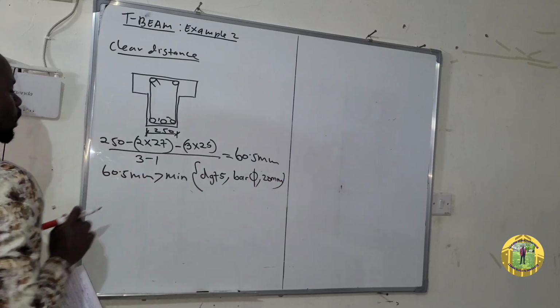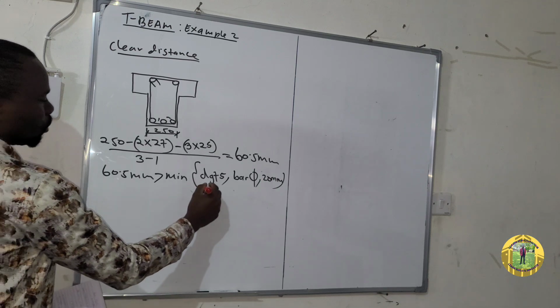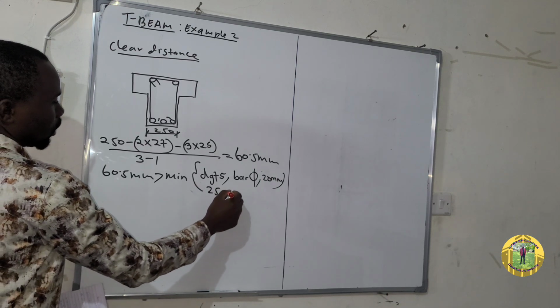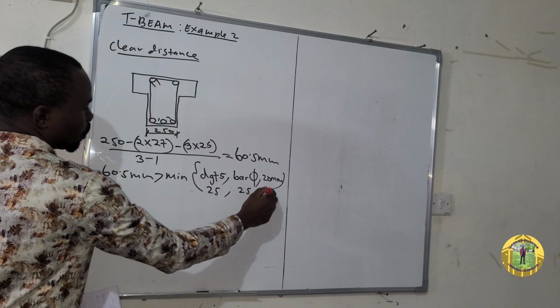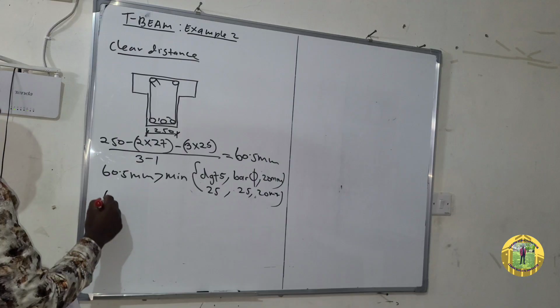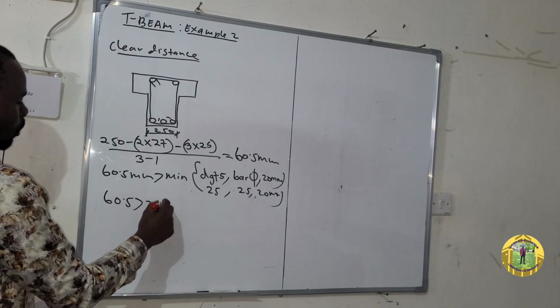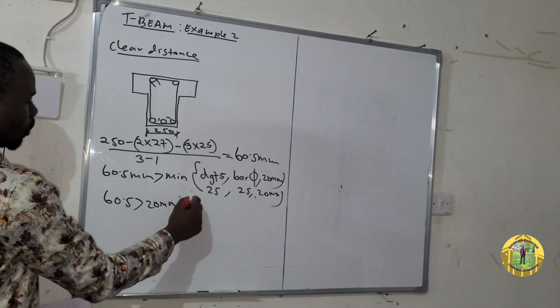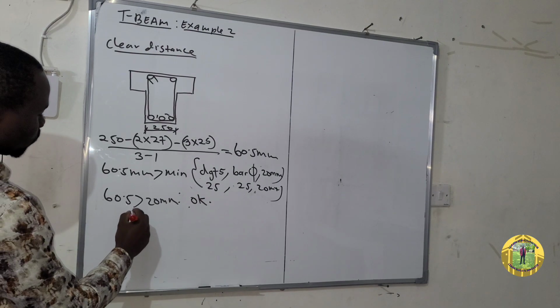So if we assume the size of aggregate is 20, then plus 5, this will be 25 millimeters. The bar diameter is 25 millimeters, and then 20 millimeters. So as you can see, 60.5 is greater than 20 millimeters. Therefore, okay. We now proceed to shear reinforcement.